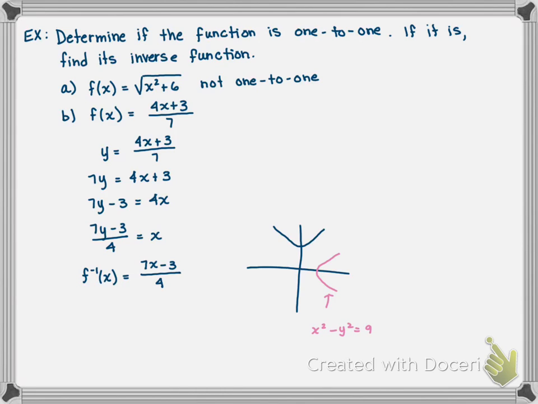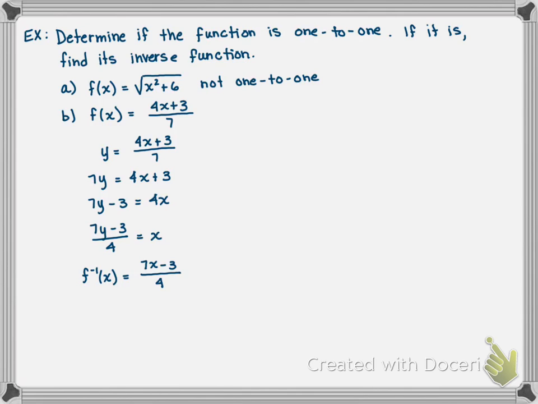And if you tried to solve that for y, you would get a plus or minus, which is what gives us this and this. But it's not a function. So if you can't solve it for y, you can't write it in function notation. So it's this word right here that makes us stop when it's not 1-to-1.